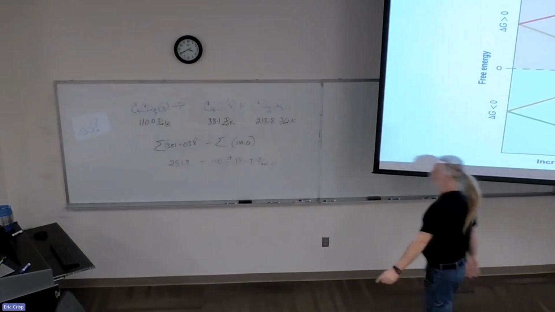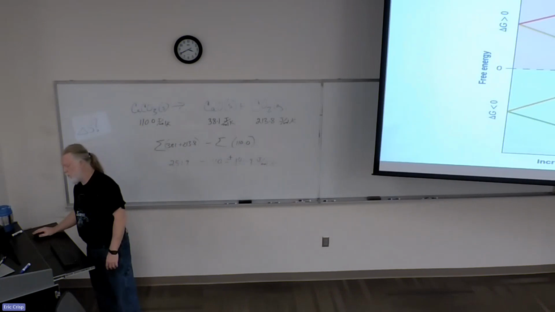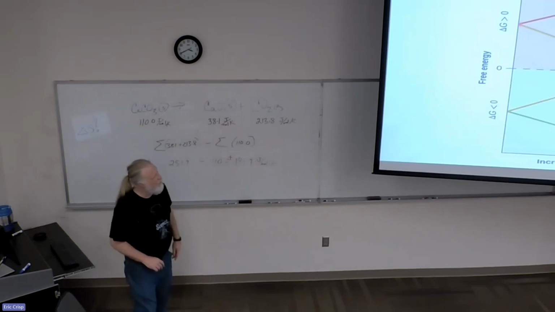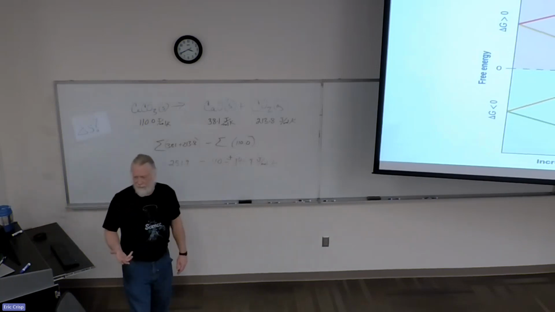Likewise, the top one, the red one, starts out as non-spontaneous because it has a positive delta H, but as you increase the temperature, you're subtracting a negative, adding a positive, so this becomes more and more non-spontaneous.